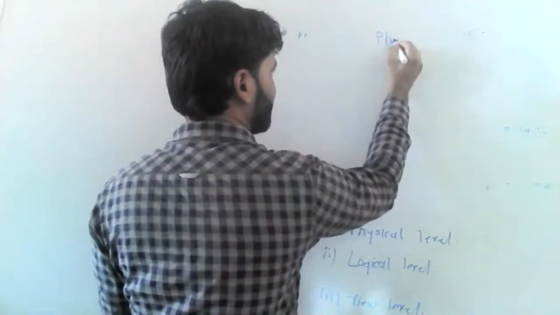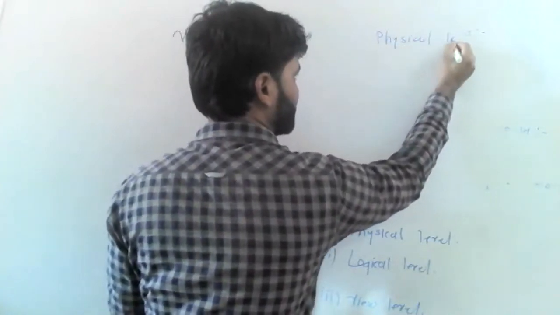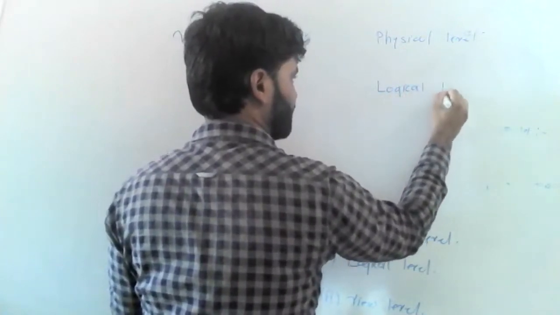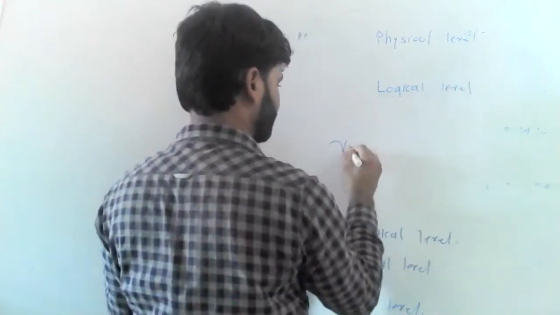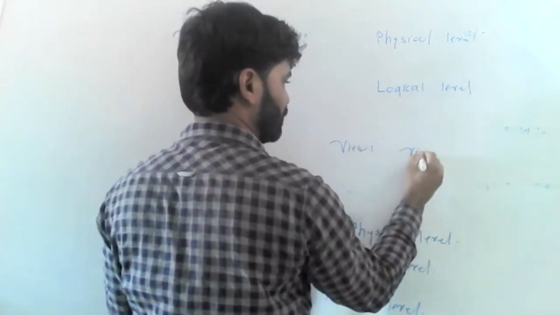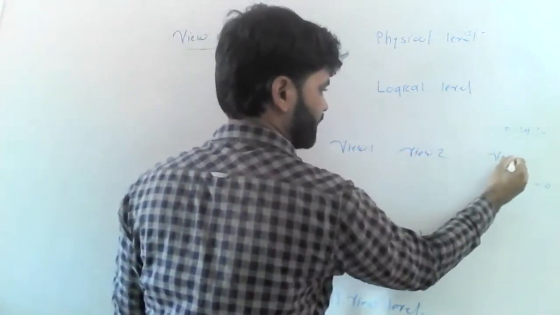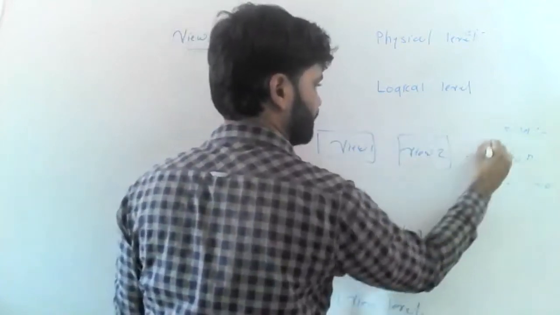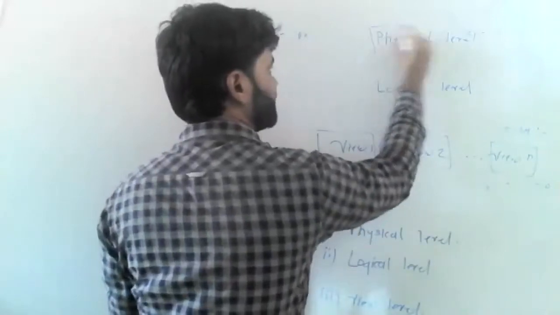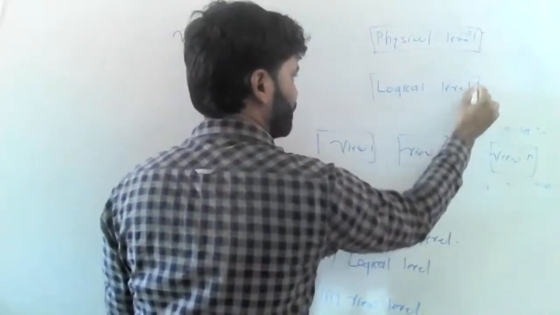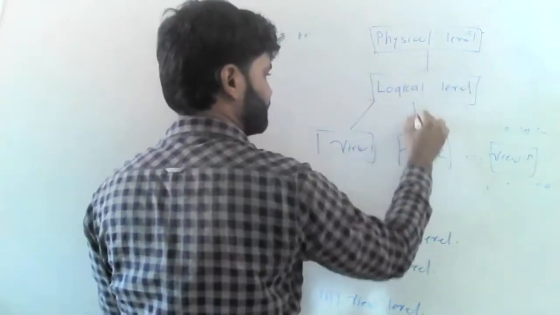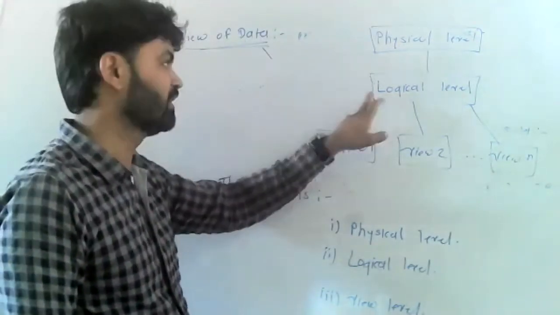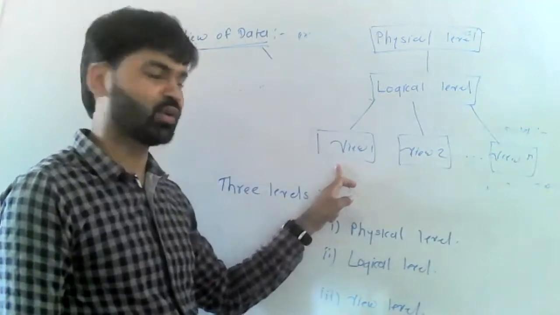These are your three levels: the physical level, the second one is the logical level, then the view level.